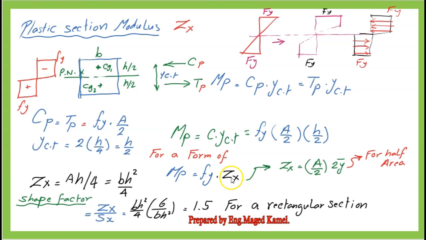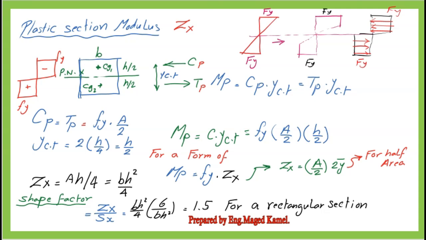A new term Z sub x, or the plastic section modulus, will appear. The value of Z sub x equals A over 2 times h over 2, equals b multiplied by h divided by 2 times h over 2, equals b h squared over 4, or Z sub x equals A over 2 multiplied by 2 y bar.